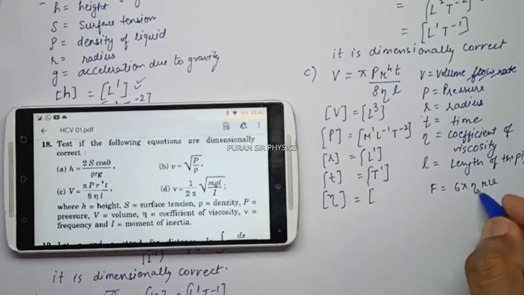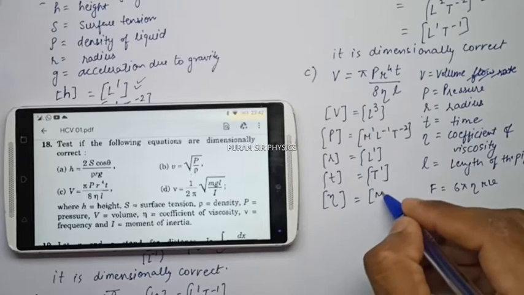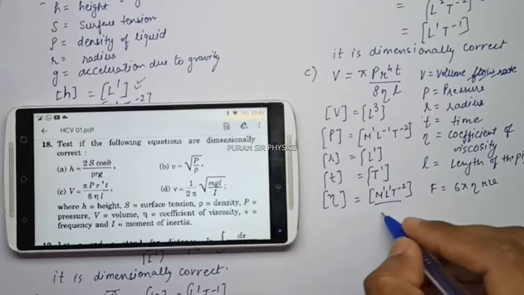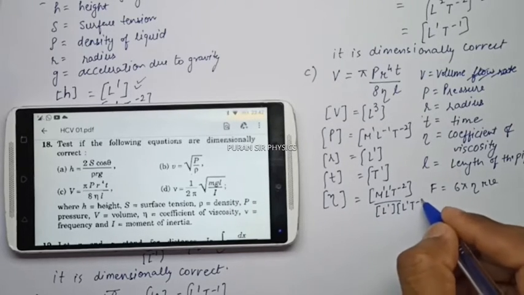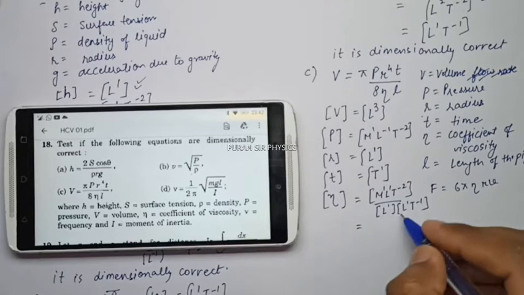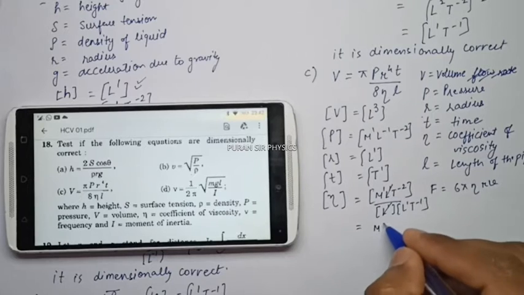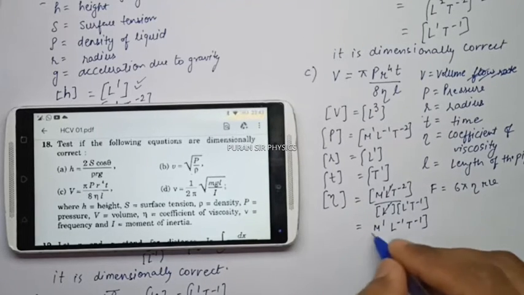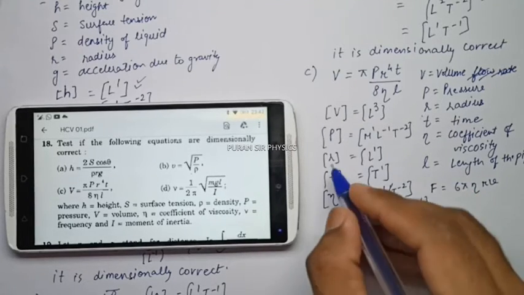So we can use this expression to find the dimension of viscosity. So it will be M raised to power 1 L raised to power 1 T raised to power minus 2 divided by L raised to power 1 into L raised to power 1 T raised to power minus 1. So it will be M raised to power 1 L raised to power minus 1 T raised to power minus 1. So this is the dimension of viscosity.